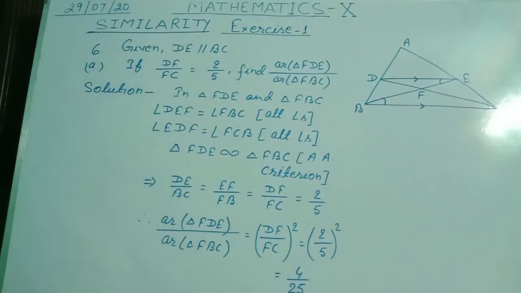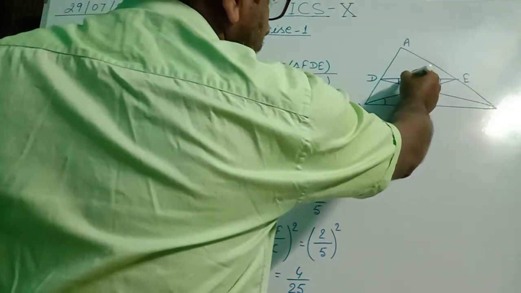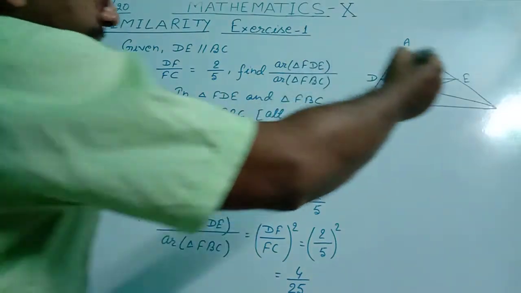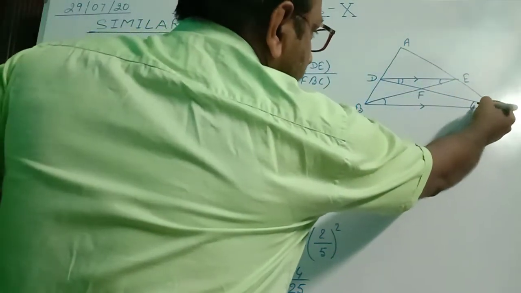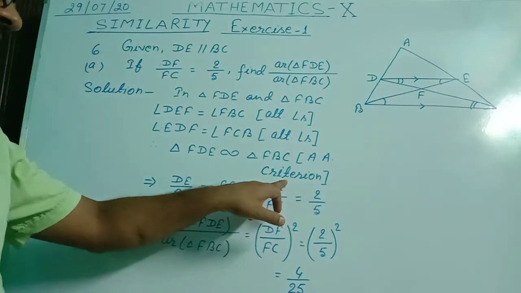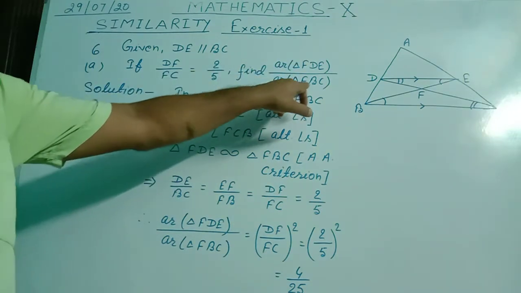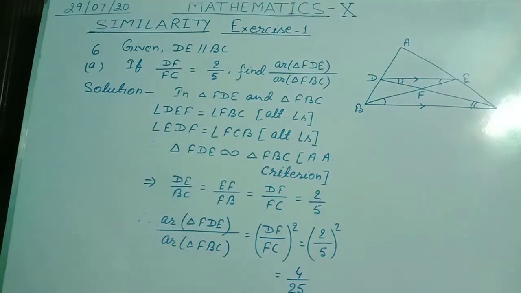These two are alternate angles. Second, angle EDF, this angle, is equal to angle FCB, this angle. These two are also alternate angles. So from the criterion of similarity, we can say triangle FDE is similar to triangle FBC.